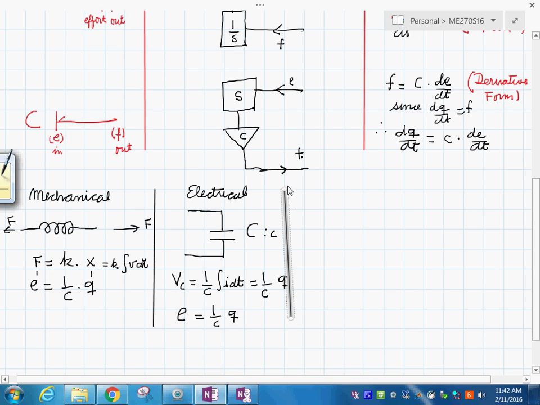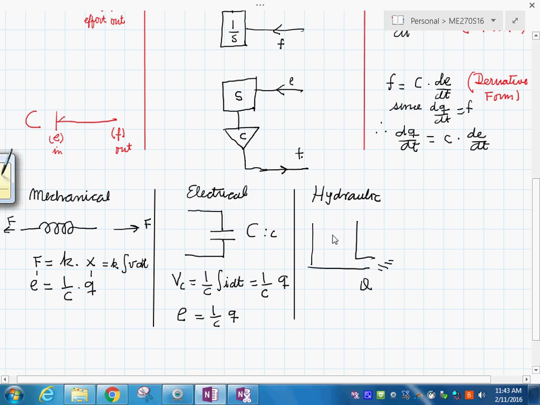And here you know that the pressure is equal to, in this case, the constant also 1 over C, the integral in this case of Q dt, Q being the volume flow rate.